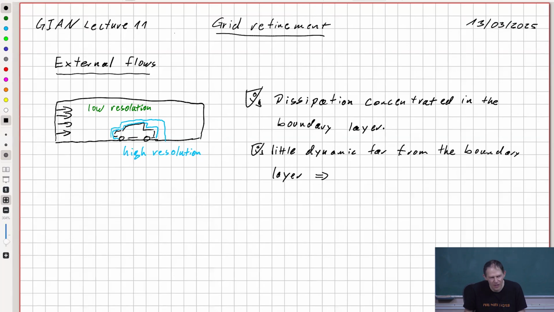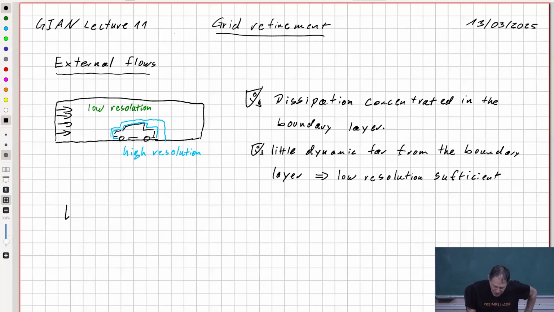So here, you still need this mesh, yeah, because there is some dynamics that you have to capture, but the requirements on the resolution are very low. This means you would like to spend there only low resolution, yeah, obviously in order to save money, because money is always a problem.